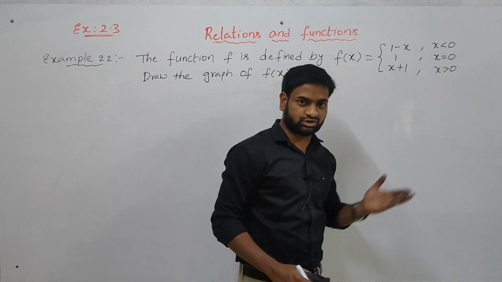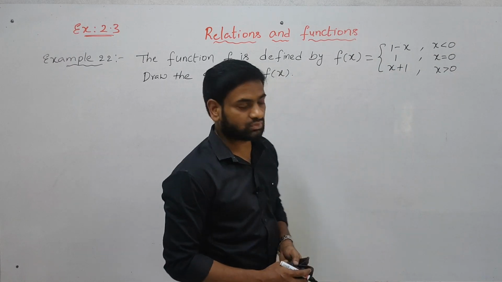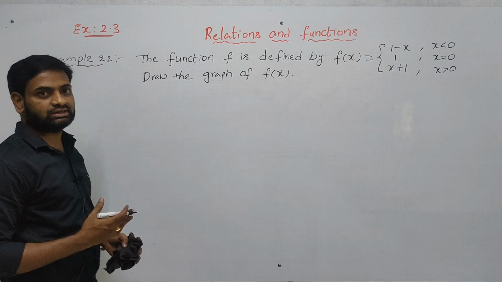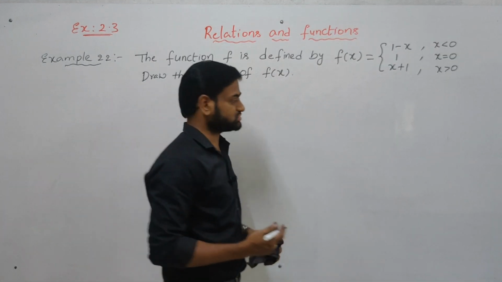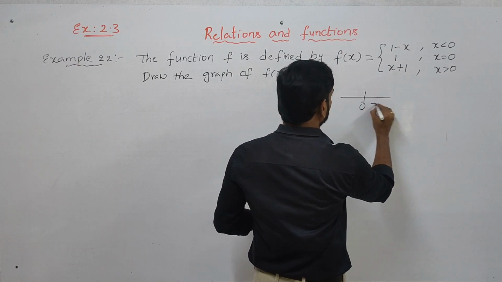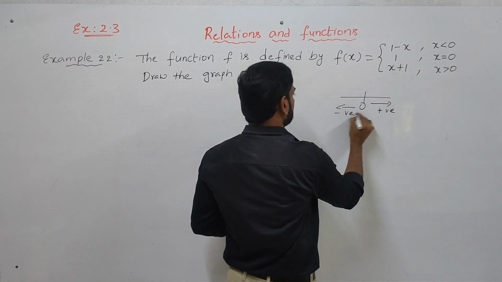Now see here. We have to take 3 types of values. It is a number line, this is 0. This is the positive side, this is the negative side.